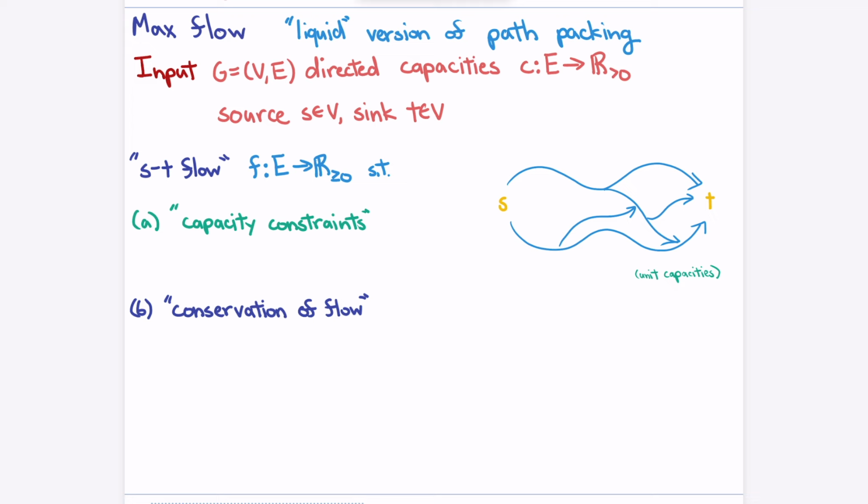The idea is you want to interpret the edges as pipes of some capacity, and then you want to send as much water through the system from S to T as possible. One thing that's a little different than what we're used to is that up to this point we've always been doing extremely discrete decisions.